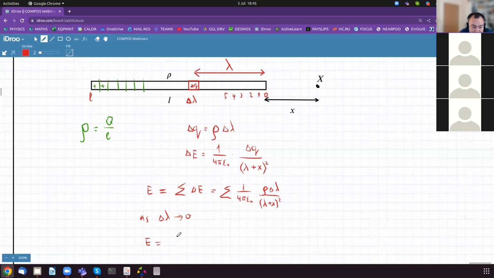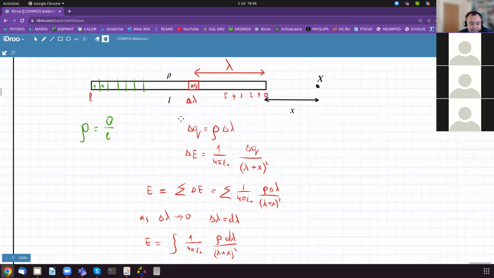E becomes exactly equal to the integral of 1 over 4 pi epsilon naught rho. Now it's not going to be delta lambda, it's going to be d lambda, because as delta lambda tends to 0, delta lambda becomes d lambda, over lambda plus x squared.